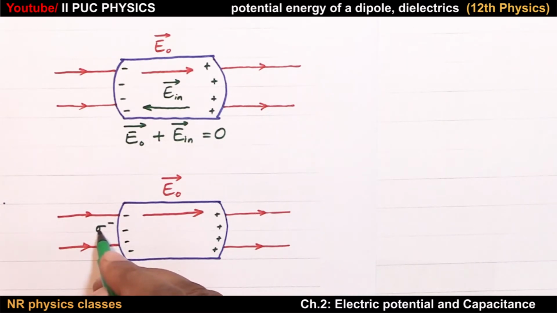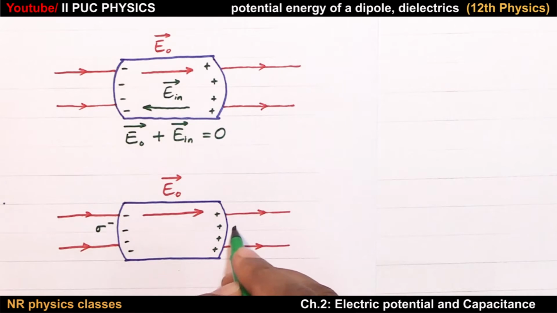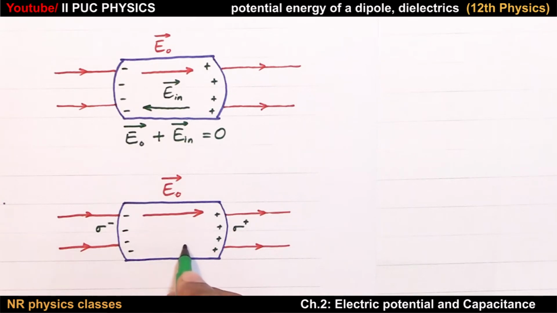Sigma stands for surface charge density of electrons, and this is surface charge density due to positive charge. But the magnitude of the electric field due to this charge separation is less than the external electric field. So this is E internal.